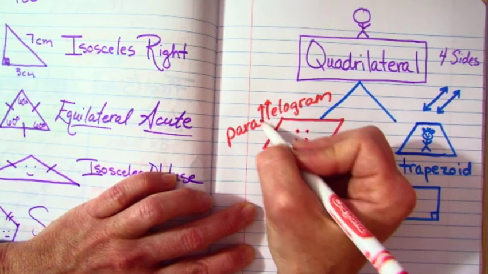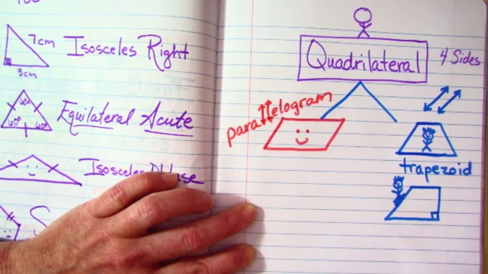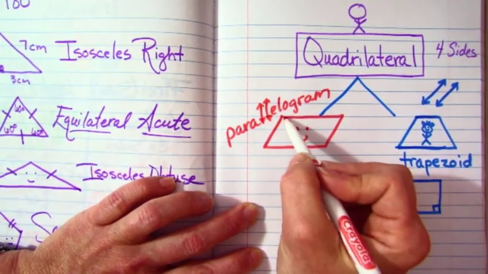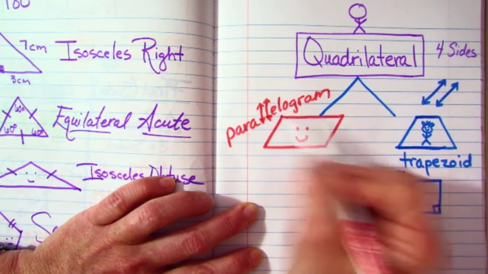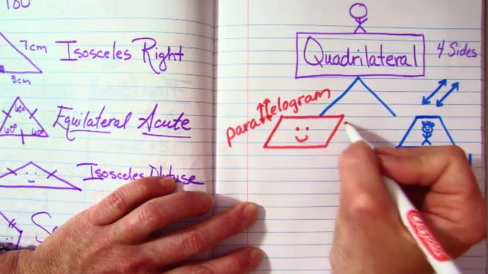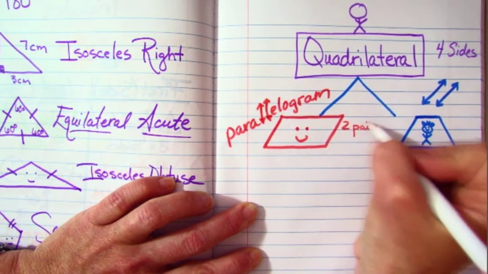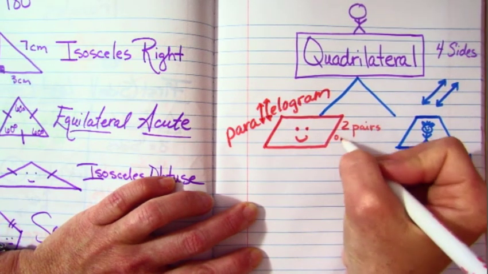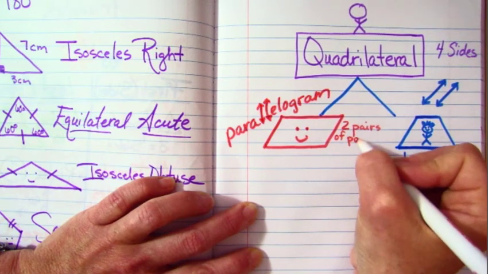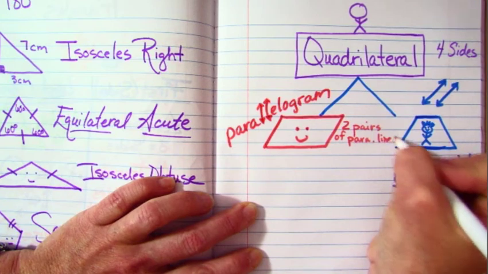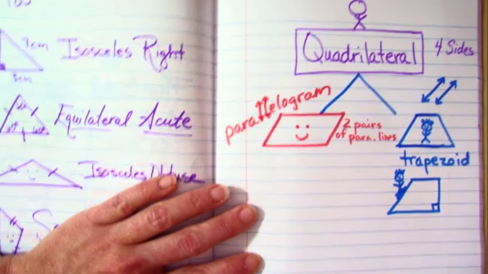You remember the two L's are here for two parallel lines. Parallelogram is classified as parallelogram because her opposite sides are parallel. She has two sets or two pairs of parallel lines. I'm not going to write it out because I've got very little room.